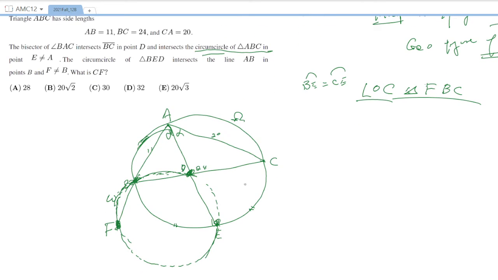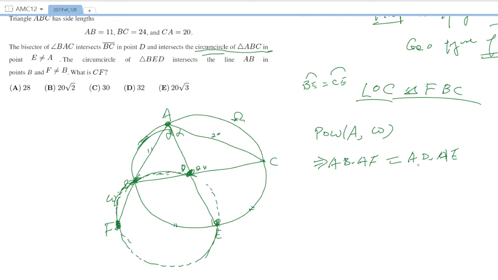Now let's see how we can solve it. We want BF, right? And we have AB. Did you see there is the power of the point A with respect to the circumcircle of BDE? We have AB times AF equals AD times AE, right?